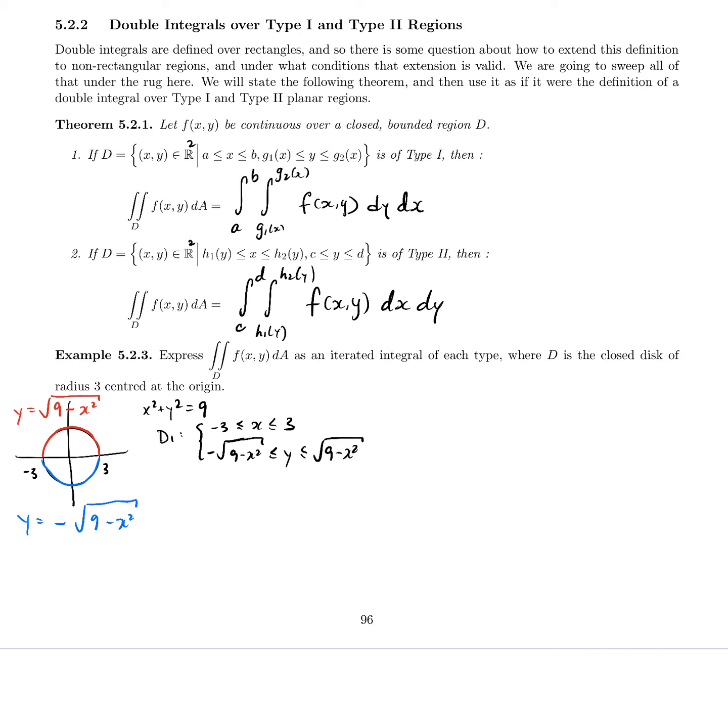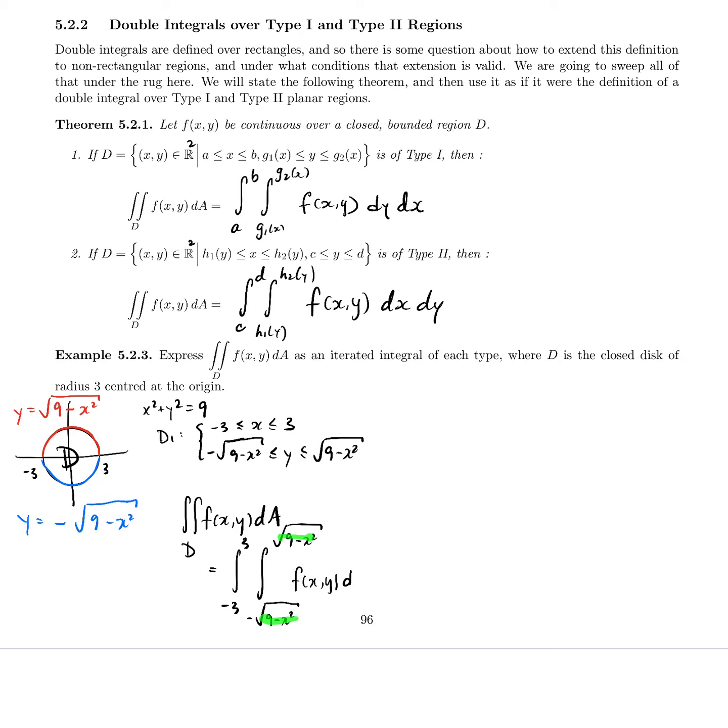And we can use this, therefore, to write the double integral. So the double integral over this region D, right, this is our region D, of any f of x y dA, where it is continuous on this region, is the double integral iterated from minus 3 to 3, and then from, and this is going to be a little tight to write, the negative root of 9 minus x squared as the bottom bound up to the root of 9 minus x squared positive as the top bound of f of x y d, and we've got to get the order right.